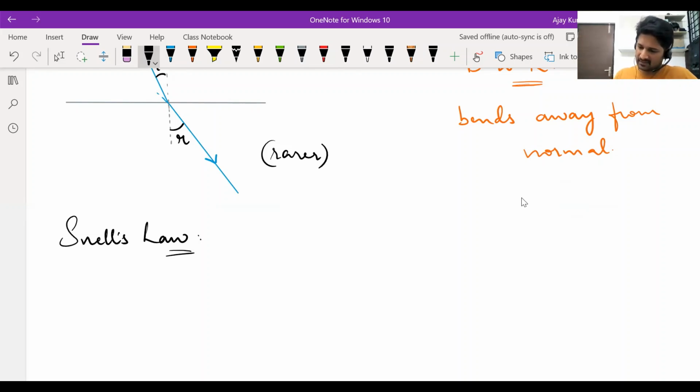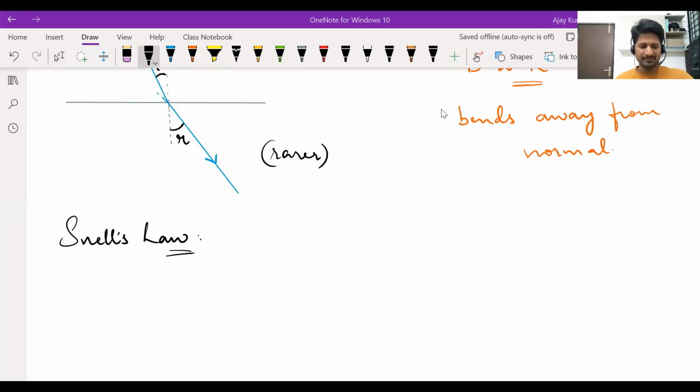So mu1 is it... Rishi, tell. Sin I by sin R? See, sin I by sin R is not a formula. A formula will have a left-hand side and a right-hand side. Isha, you are saying something?